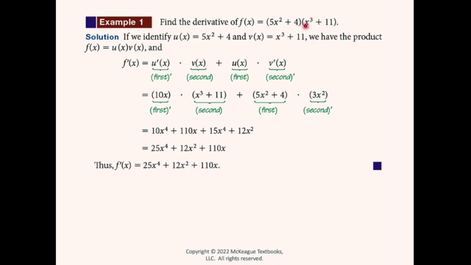So I have 3 times x, and then this becomes a squared, and then the constant drops out. Now when I distribute the 10x and distribute the 3x squared, I get this here, and then I can combine like terms, so I can say that the derivative of f is 25x to the fourth plus 12x squared plus 110x.